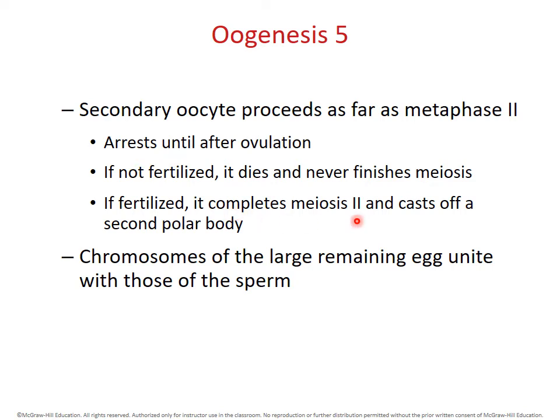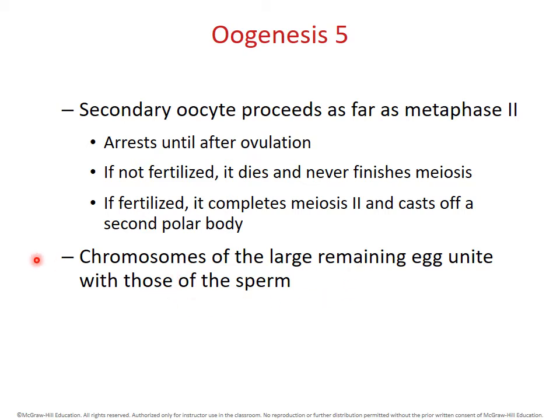And so essentially what happens is it holds the male genetic material off to the side after fertilization, goes ahead and completes its second meiotic division, has another unequal division, producing a second polar body, which is cast off, and then a functional cell, which then will allow fusion of the male chromosomes with the female chromosomes to form a new nucleus. And of course, at that point, it is referred to as a zygote. Post-fertilization, it is referred to as a zygote.